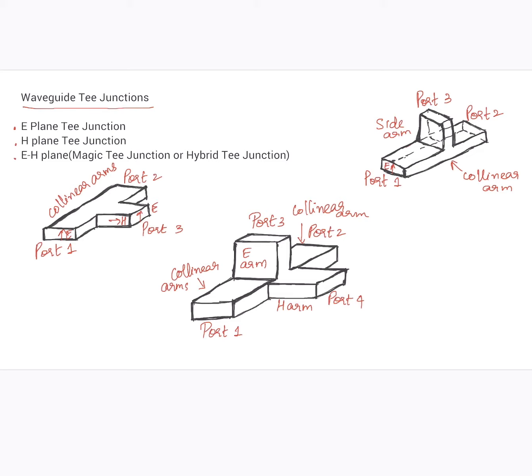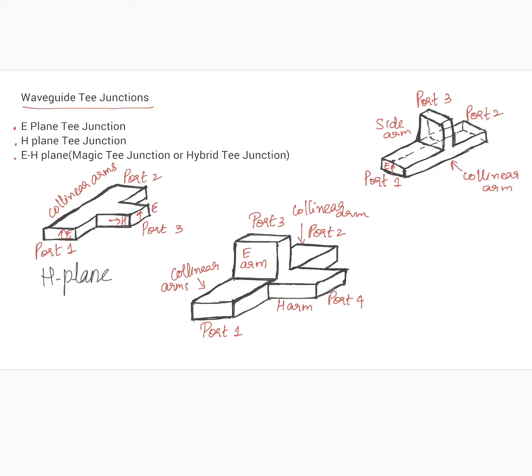If the T junction is formed by cutting a part of the waveguide in the horizontal direction and inserting a waveguide into it, that forms an H-plane T junction.